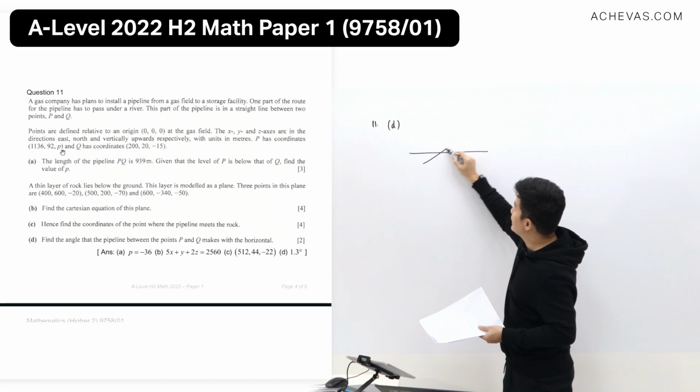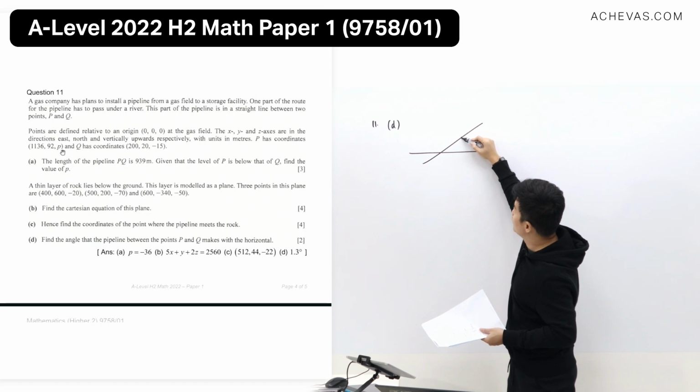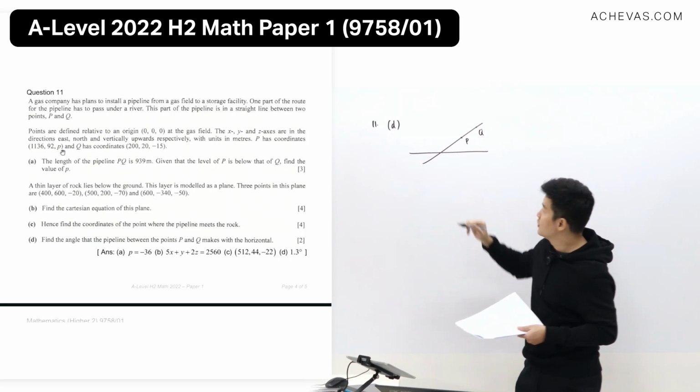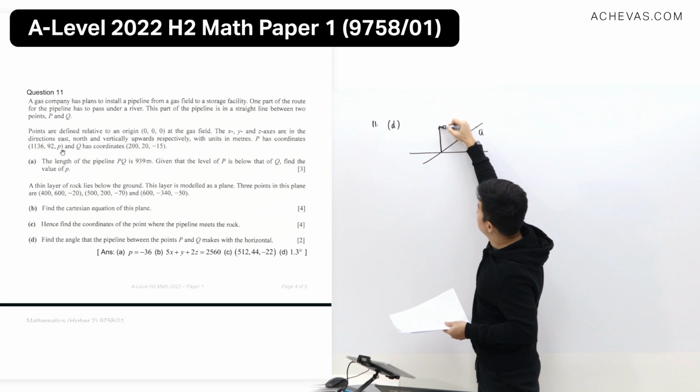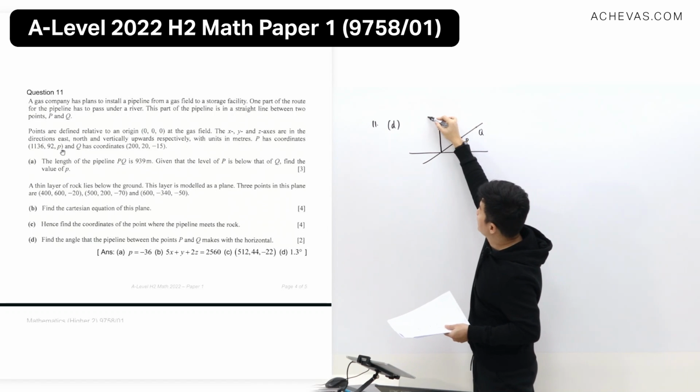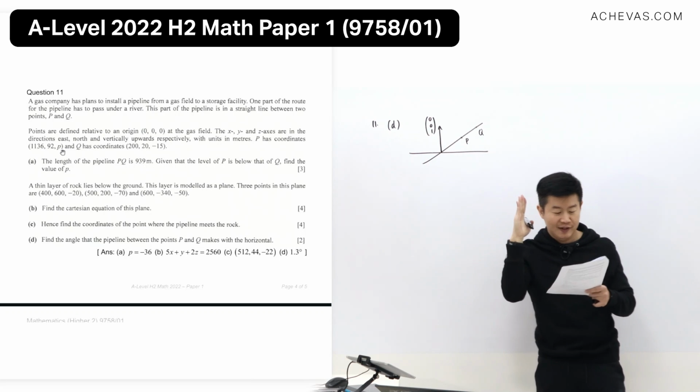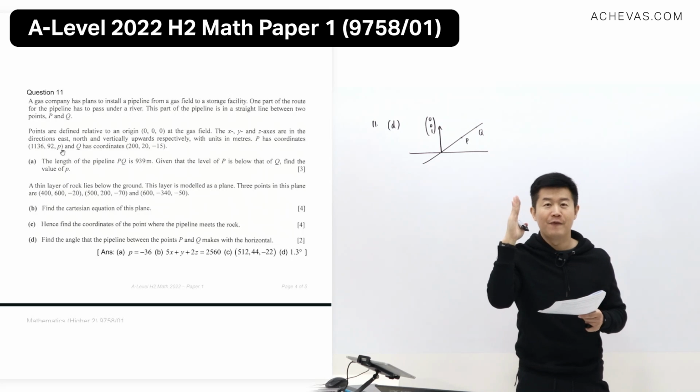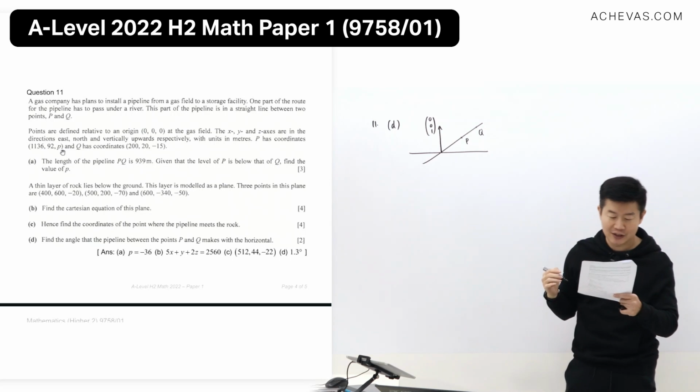So if I were to look at that pipeline that passes through the points P and Q, with reference to the horizontal, we are going to be referencing a plane where the normal is (0, 0, 1), because the normal has to be vertical with respect to the horizontal plane.